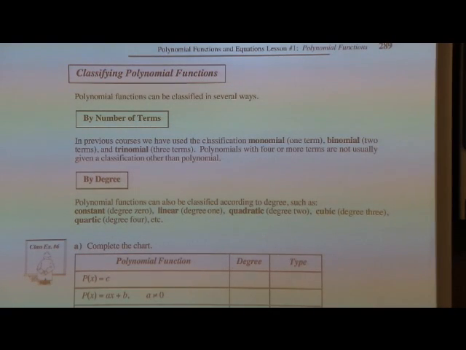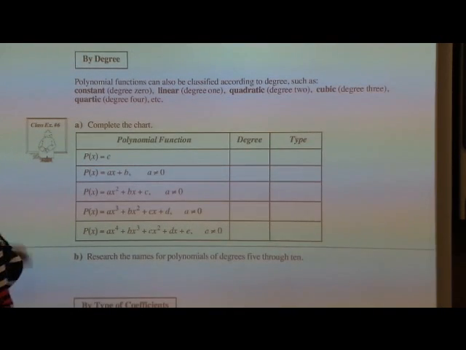Okay, we can classify polynomial functions by the number of terms and by the degree. Number of terms: a monomial, binomial, trinomial, 1, 2, and 3. Anything more than 3 terms, we call it a polynomial, although they are all polynomials. But if I give you specifically a binomial and ask what type of polynomial it is, you have to say it's a binomial because it has 2 terms.